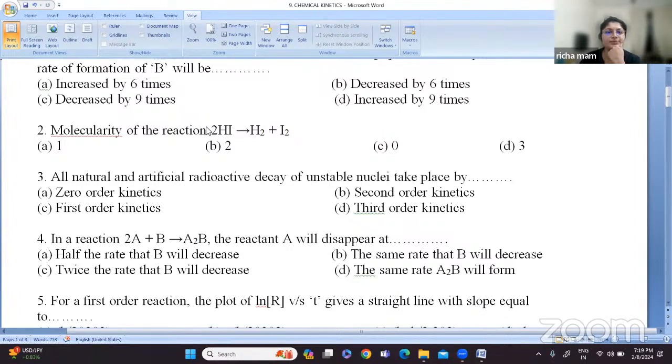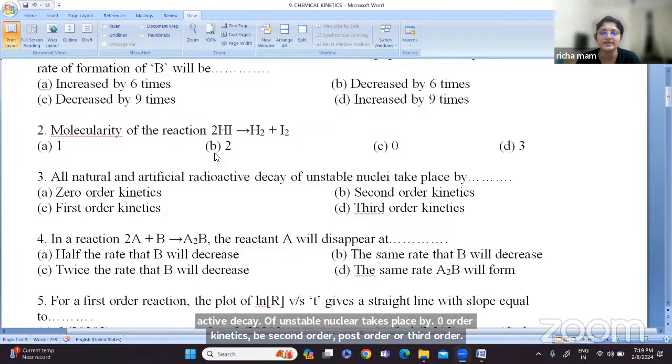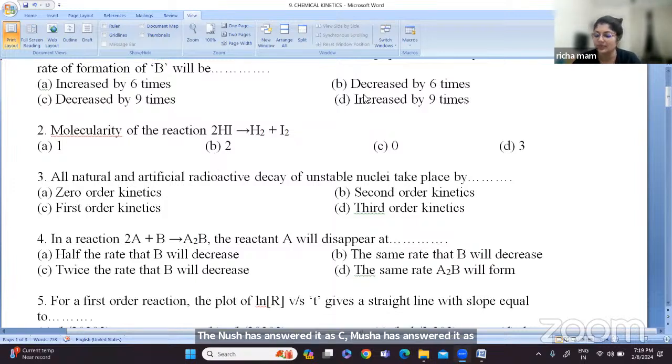Dhanush has answered it as C. Usha has answered it as B. Others?